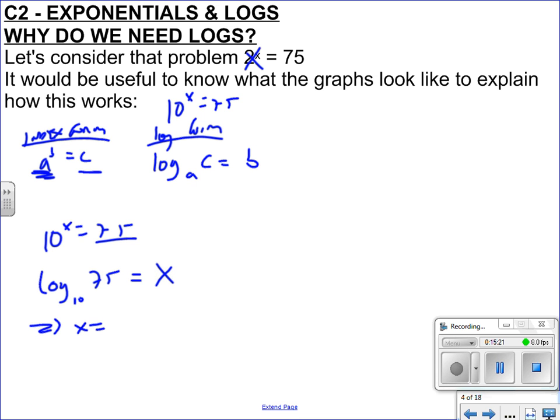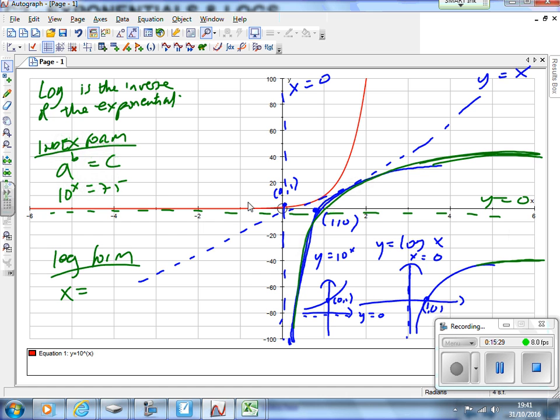So x is log base 10 of 75, which is exactly the same as the inverse function described here. Can you see? That's a bit messy, but this red one is y equals 10 to the x, and this green one is y equals log base 10 of x.